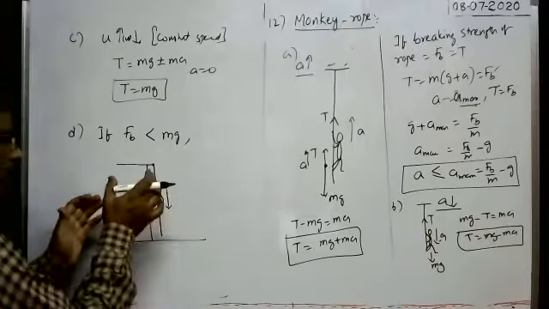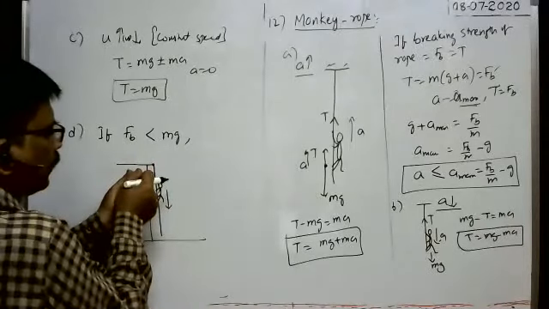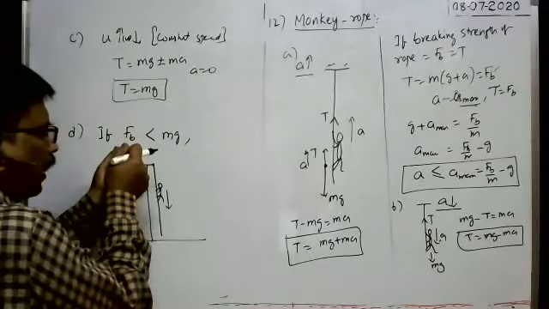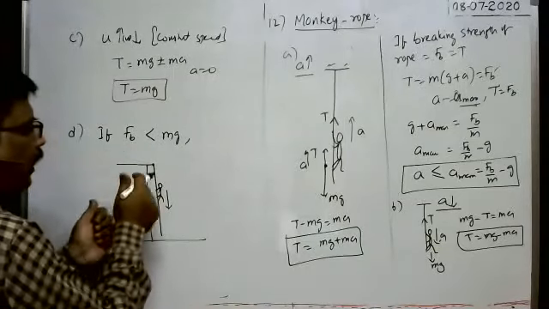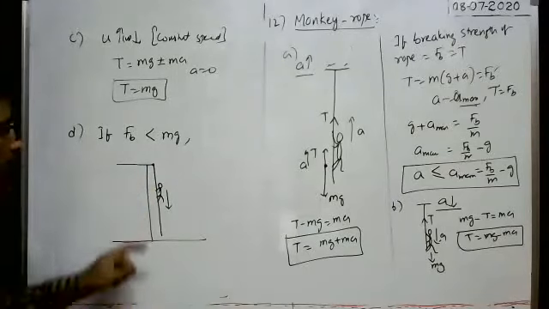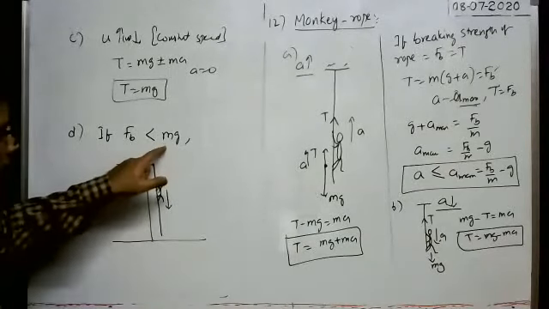Suppose the monkey holds the rope like this, and it comes down with constant velocity, or it holds the rope and stays at rest. In such a case, the rope will immediately break, because the weight of the monkey is mg.